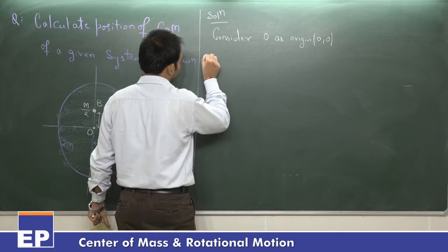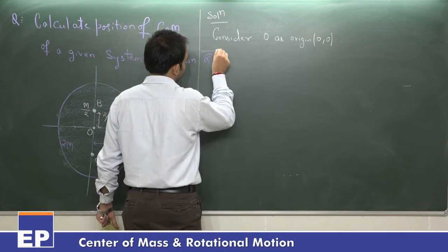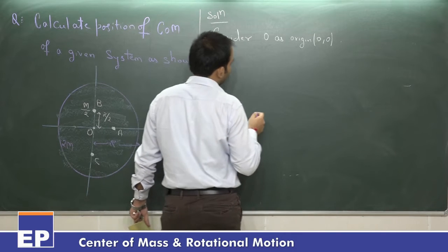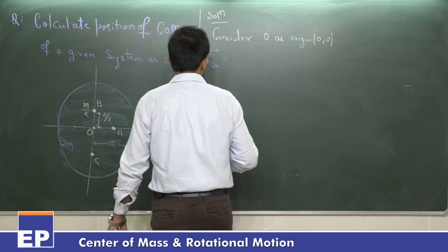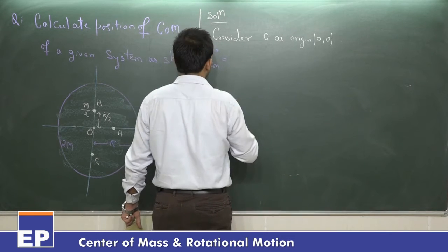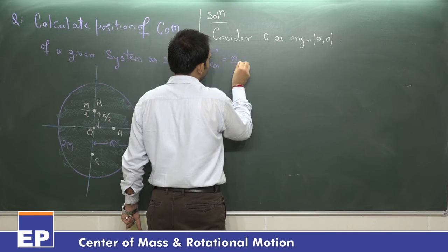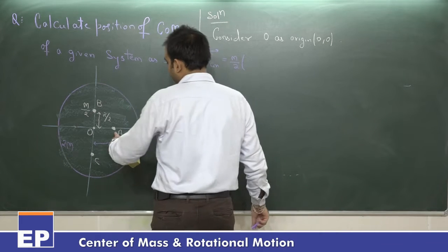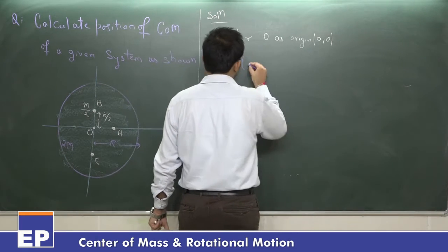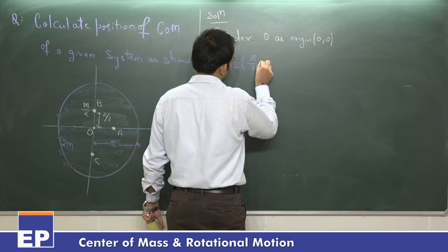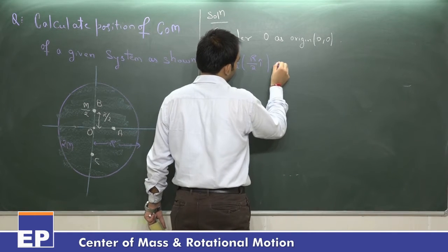I have to calculate R_CM. So that is m1 r1 plus m2 r2 plus m3 r3 plus this. So it will come m by 2. If we look at this A वाले के लिए कितना है? That will be r by 2 i cap plus 0 j cap.